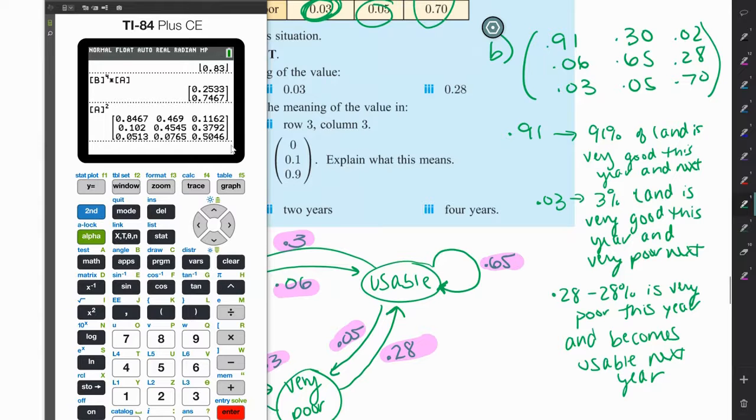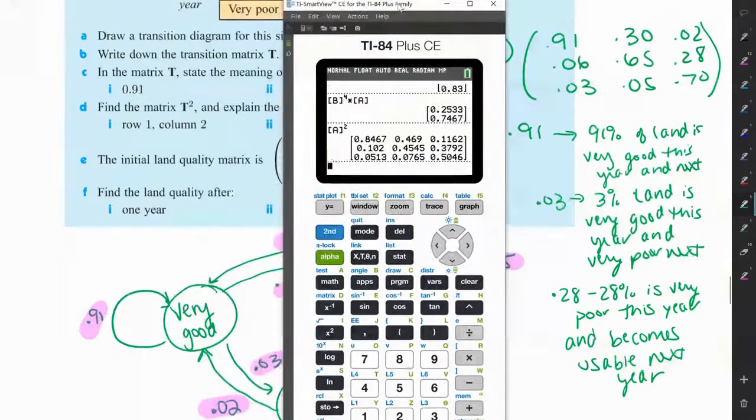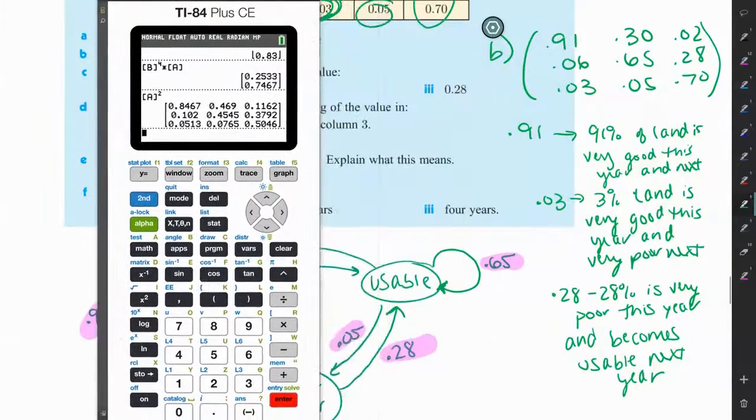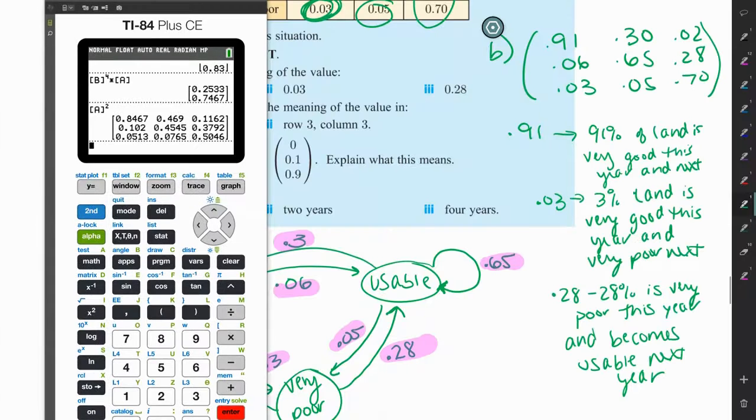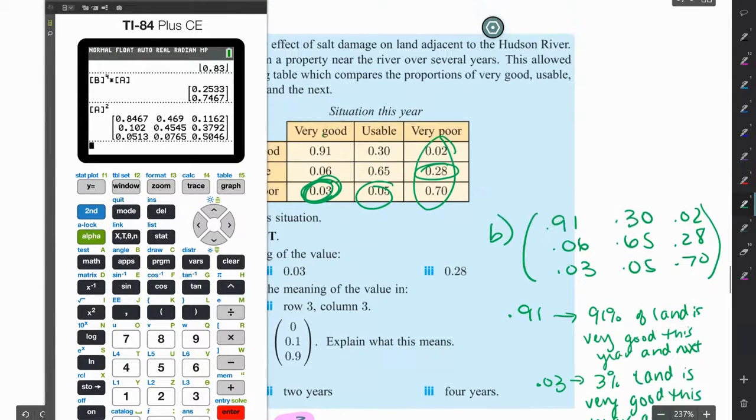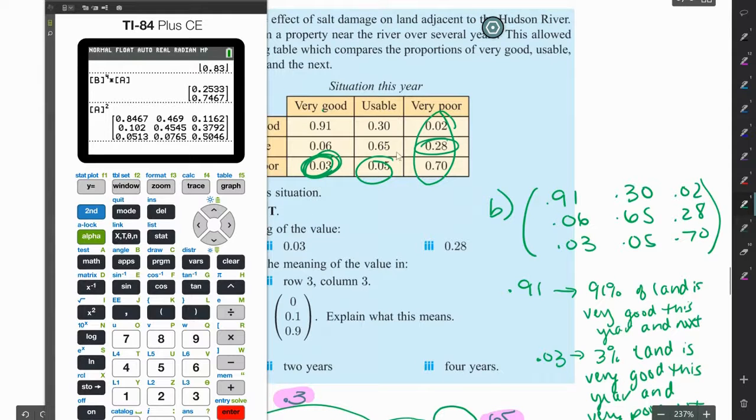And then it wants certain rows and columns. So I want row 1, column 2. So row 1, column 2, if I look, I want to go back up here, use this table a little bit since I have all my labels. So row 1, column 2 means that after 2 years, 46.9% of the land that is usable in that year will be very good in the following year.